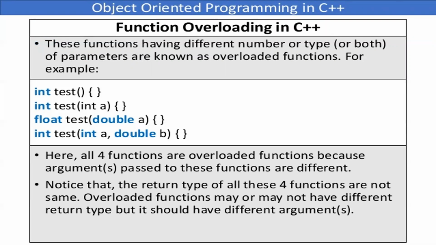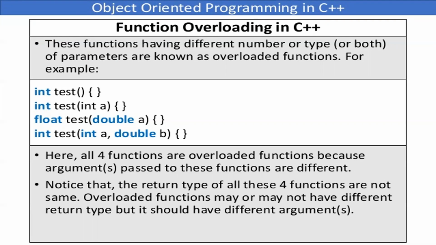Now look at these functions. Int test is the name of the function with no arguments. Int test int a, one argument, same name. Float test double a, one argument but type is different. Int test int a double b, two arguments with different data types.